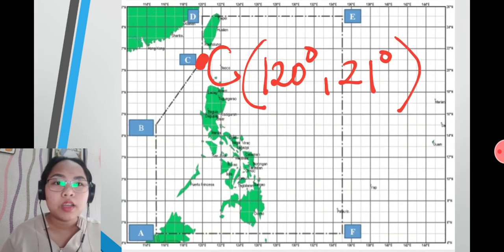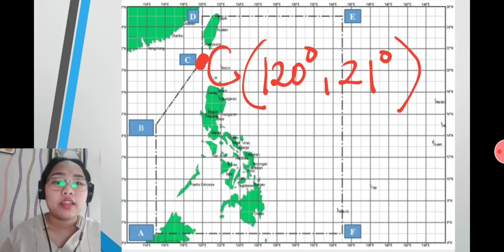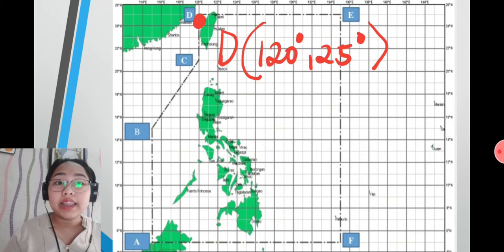Next, point C is located at 120 degrees east and 21 degrees north. As you can notice, point C is plotted over there. Next, point D is located at 120 degrees east and 25 degrees north.